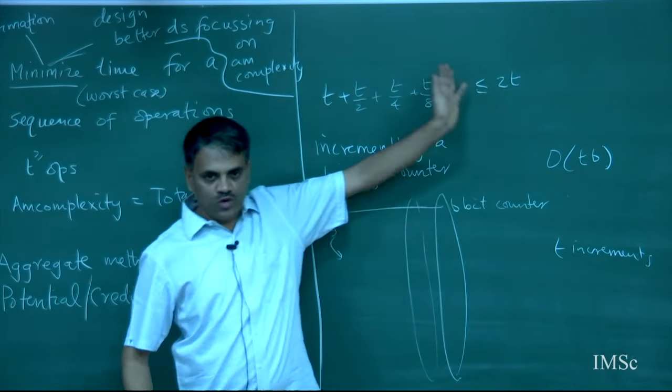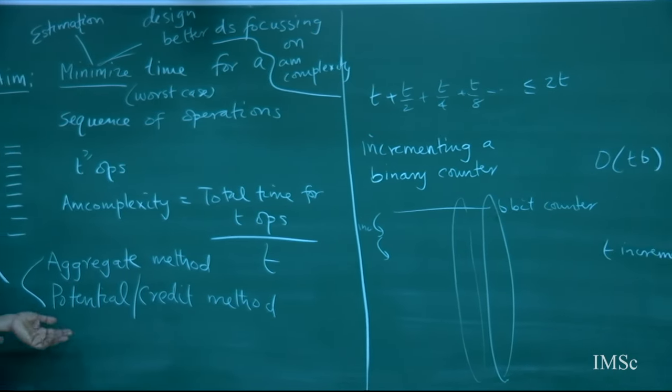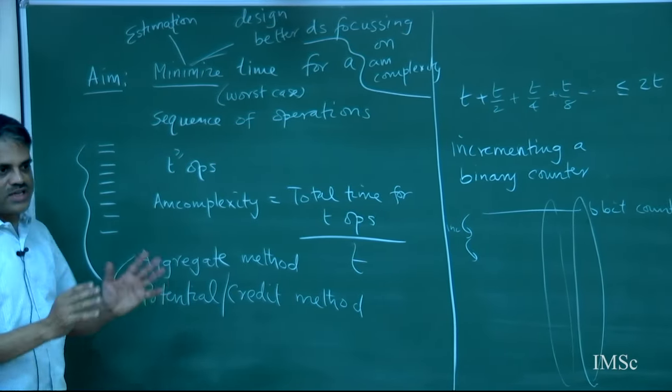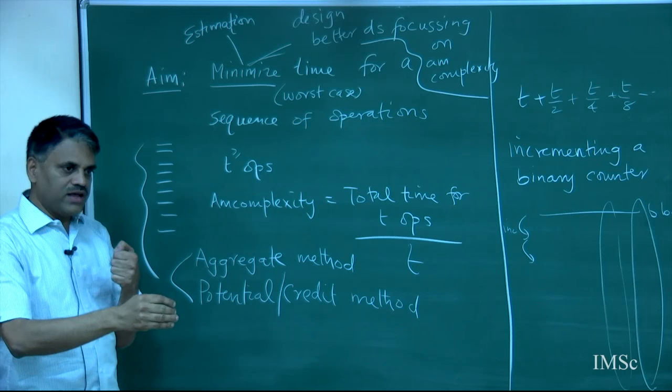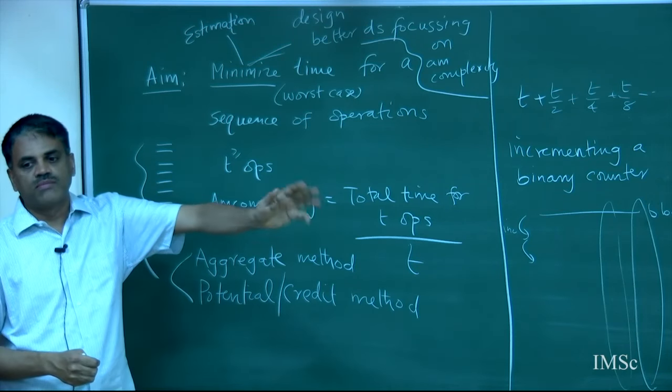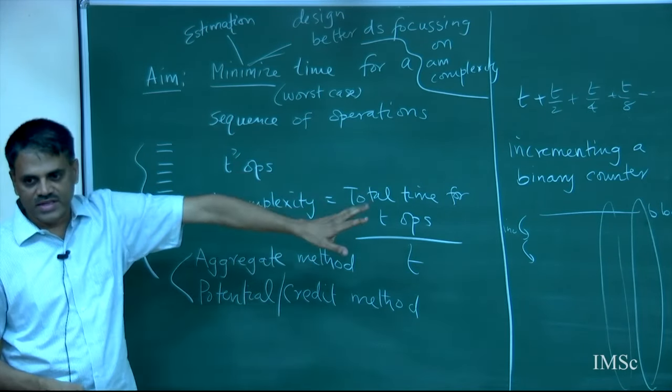The potential method or the credit method comes with the following idea. Recall your monthly expense analogy: you are given a certain amount every day. That is the amortized complexity. If you spend less than that, you put the remaining in some bank account, which in our case is the data structure, which in our case is the counter.